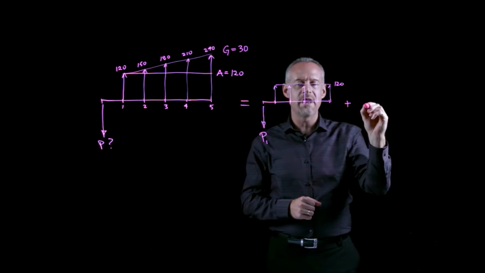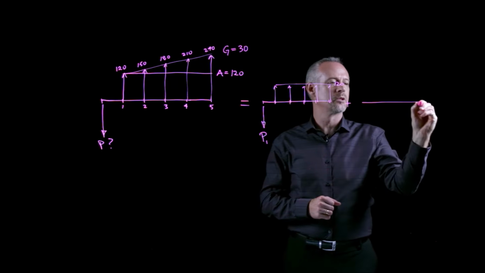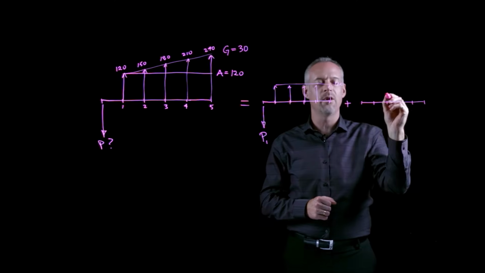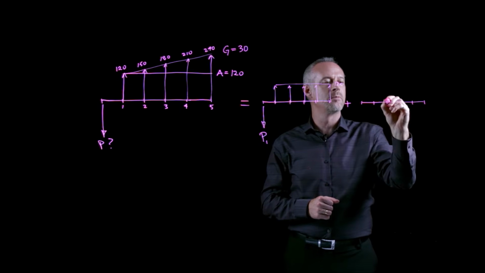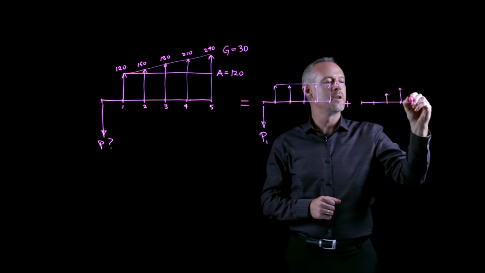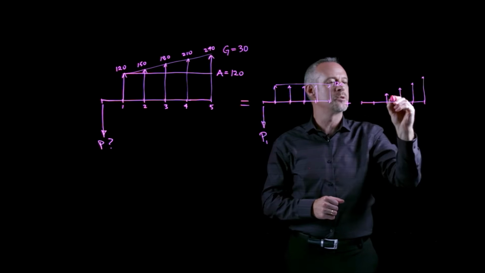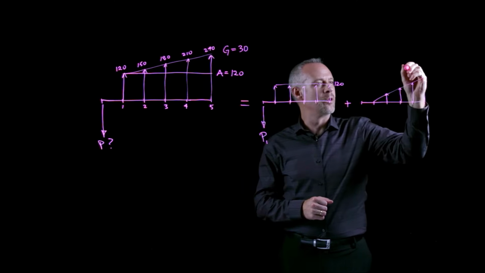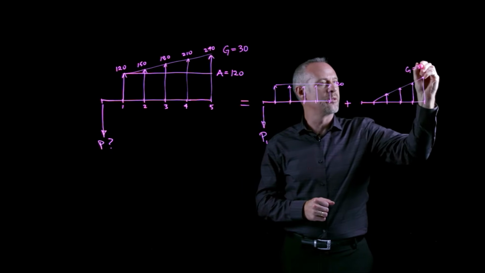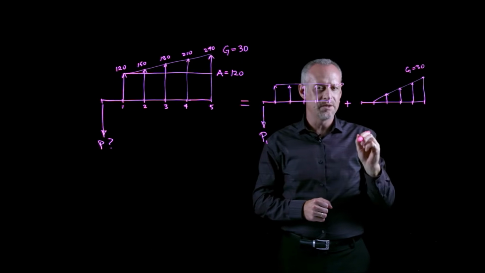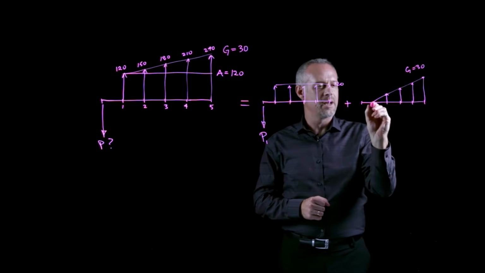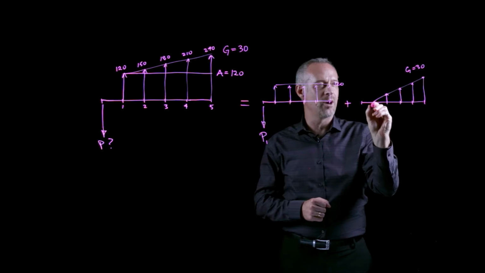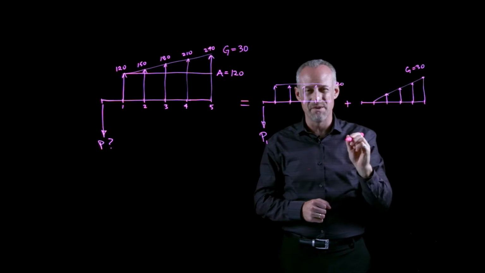Plus the gradient, draw the gradient, 1, 2, 3, 4, 5. The gradient amount will be 30, 60, 90, 120. It looks like this, where G is equal to 30. Please take note that at time t equal to 1, the value of that extra payment is actually 0.